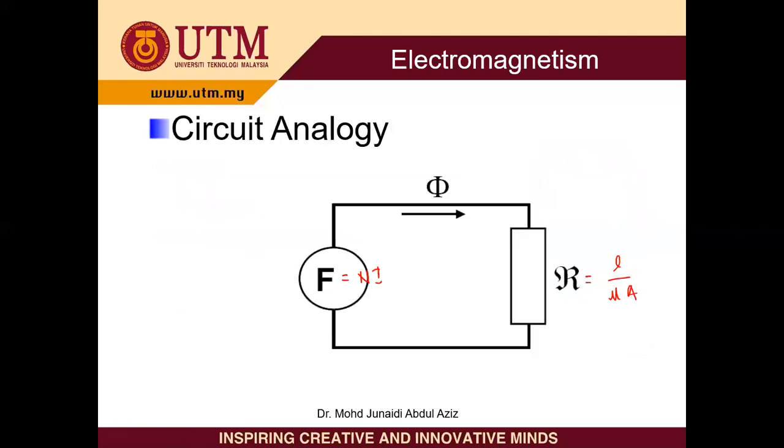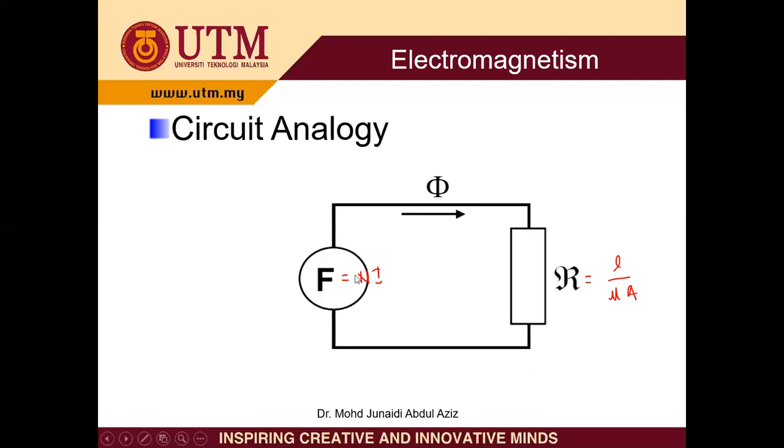To be a very simple approach, we get a circuit analogy. We can represent the magnetic force MMF as a voltage source, the flux as the current, and the reluctance as the resistance.